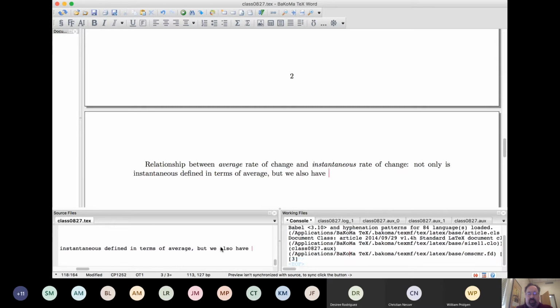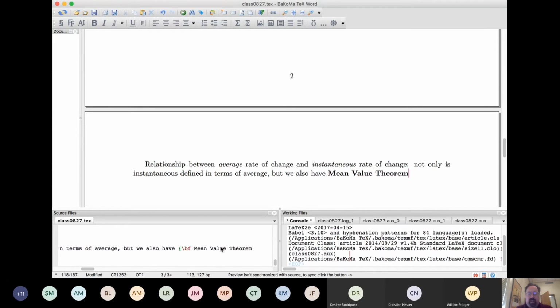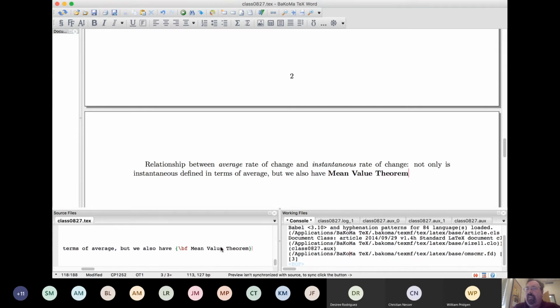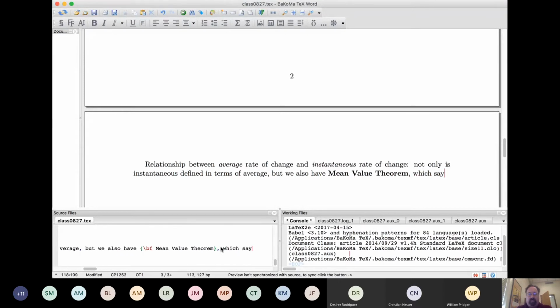But we have this, which is called the Mean Value Theorem. I want to emphasize this is not something that will show up on any coursework. I'm using it to point out an interesting aspect of instantaneous and average rate of changes, which says the following.